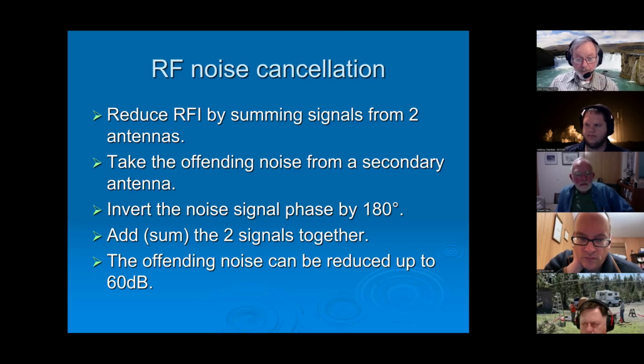You invert the noise signal by 180 degrees and run it through a summing circuit that adds the two together. When you have the main noise in one direction and the offending noise in the opposite direction by 180 degrees, the two cancel things out.